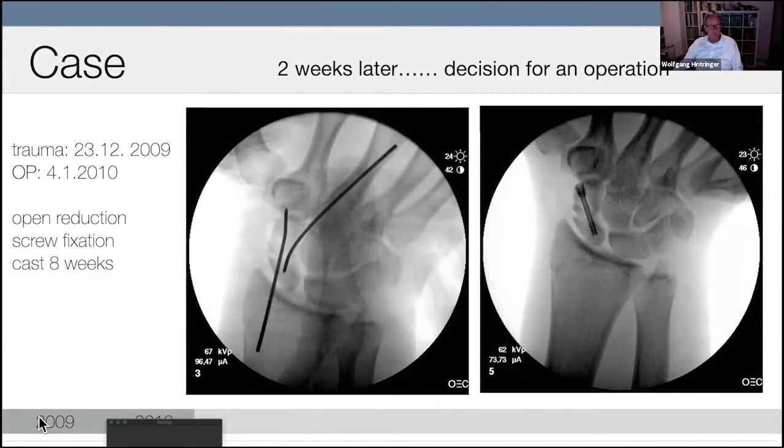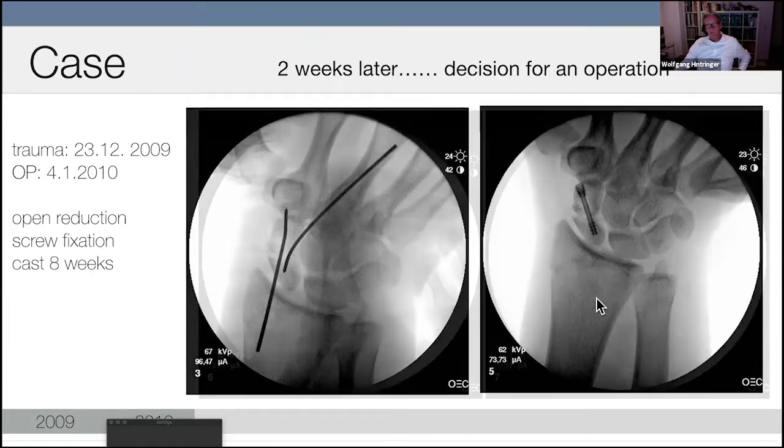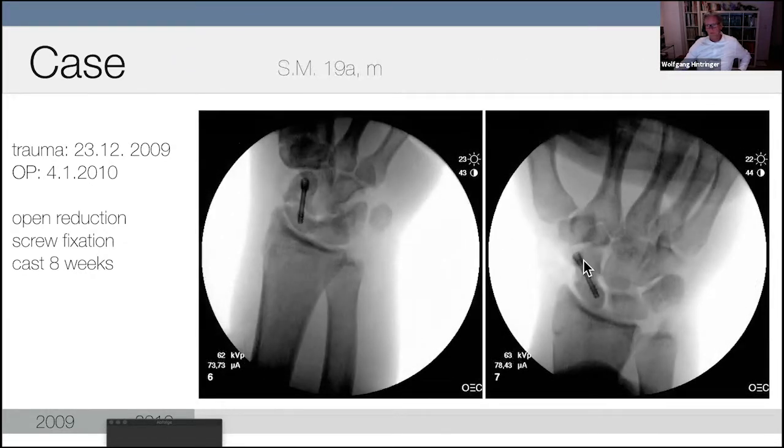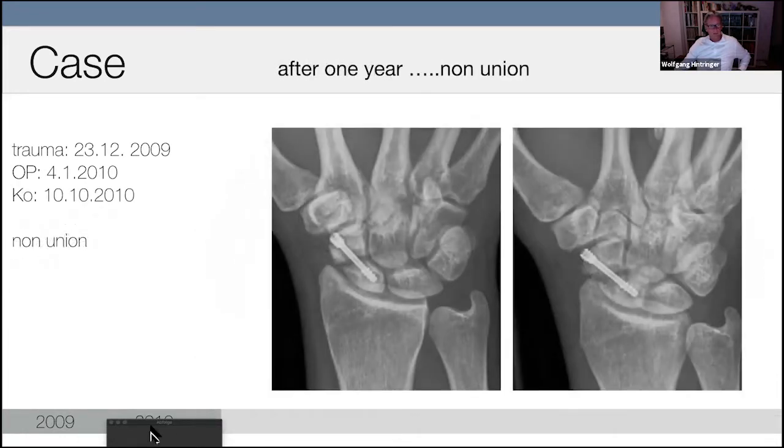And the surgeon, look at the timeline, in 2010, 2 weeks later, operated on the scaphoid and put in a screw. The screw was not very good, and you can see here in 2010, after 1 year, a non-union appeared.